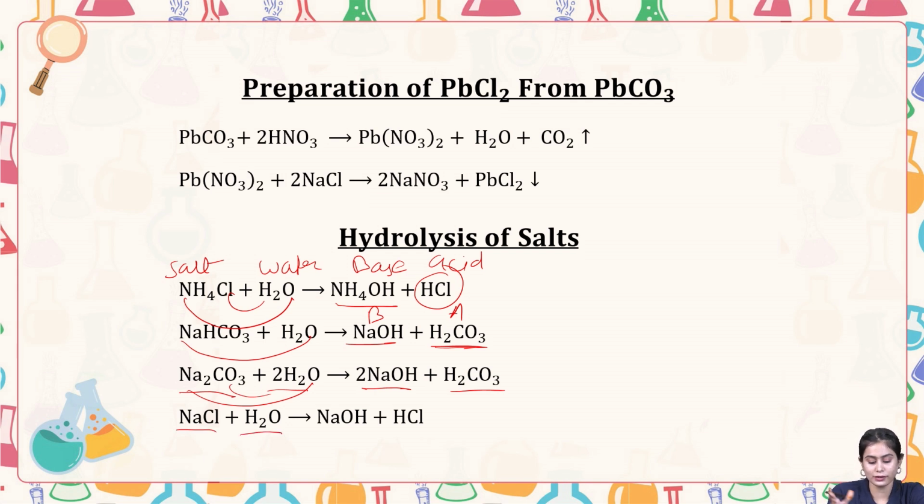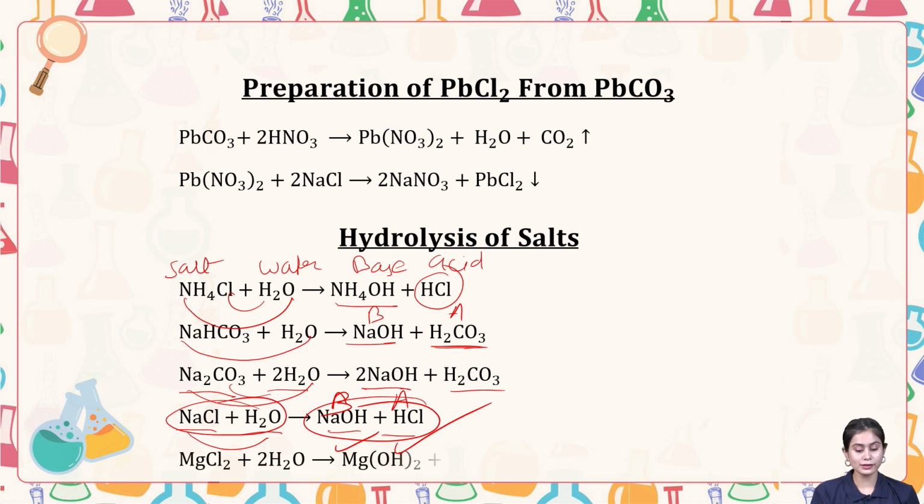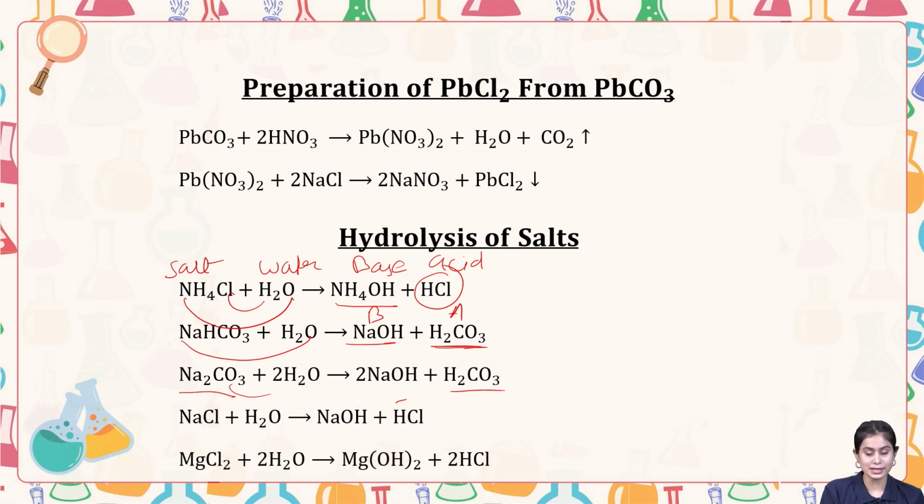NaOH plus HCl gives NaCl plus H2O; this is a very basic reaction. Basically, for the neutralization reaction we usually write this one, right? So for hydrolysis we write NaCl plus H2O, that is your NaCl dissolving in water, hydrolysis of salt, giving an acid and a base, correct? NaOH and HCl. I hope that is clear to you. Let's see the last example for this. Magnesium chloride salt dissolves in water, H2O.